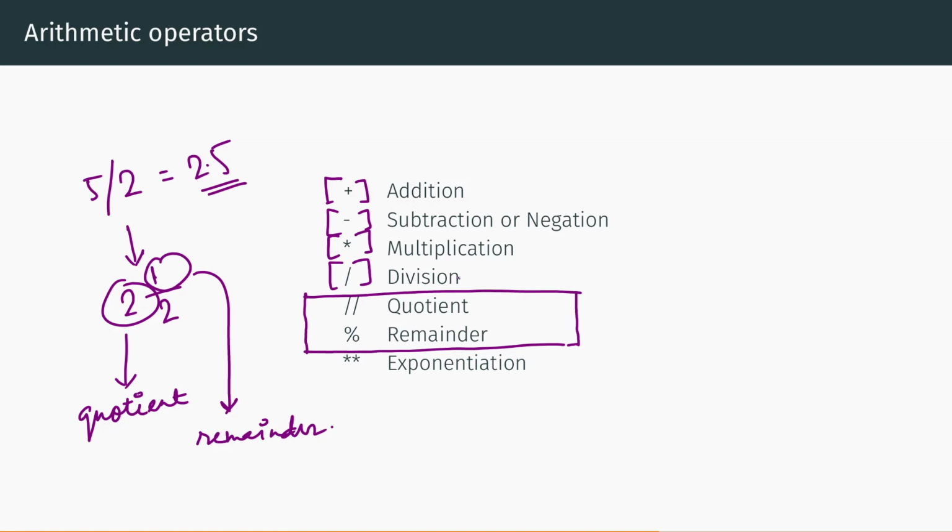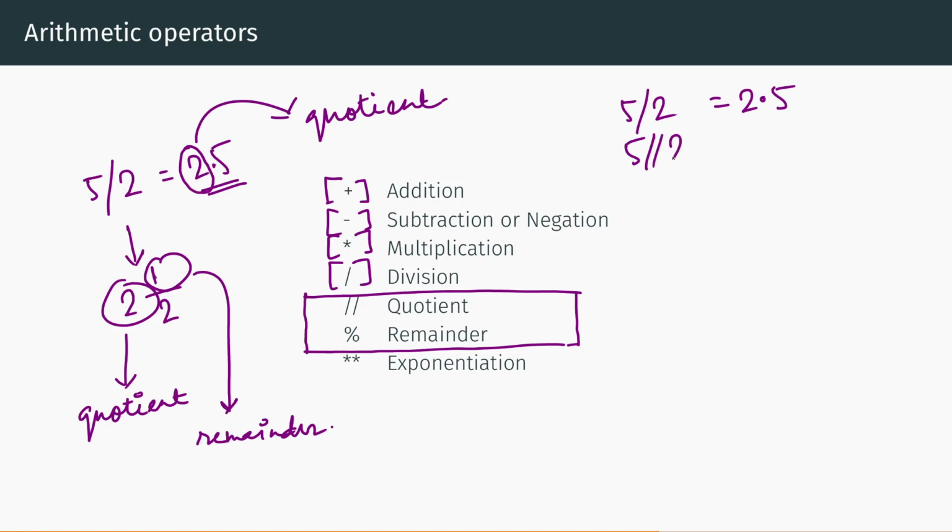So 1 slash is for division, 2 slashes is for quotient. In other words, it will only give you the portion before the decimal. This is the quotient. So 5 divided by 2 will give you 2.5. 5 double slash 2, the quotient of 5 divided by 2, is 2.